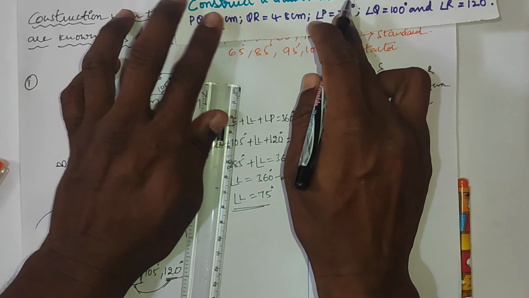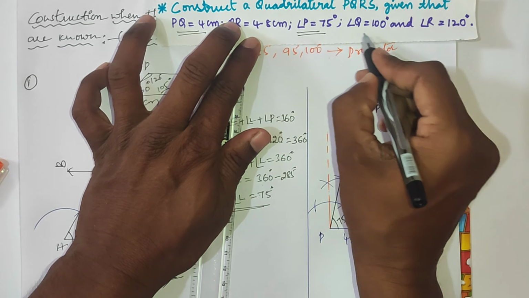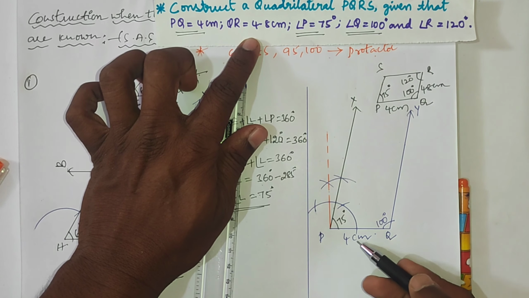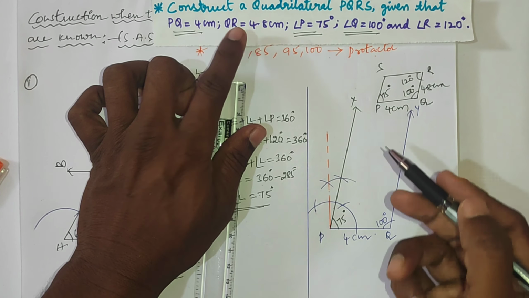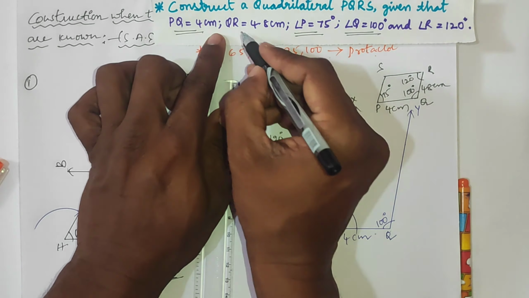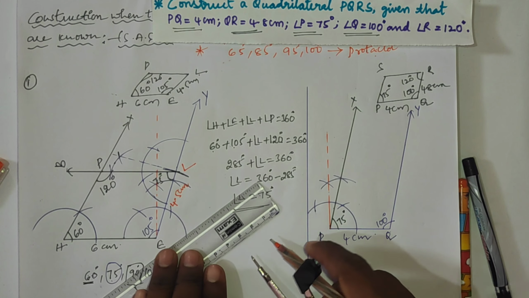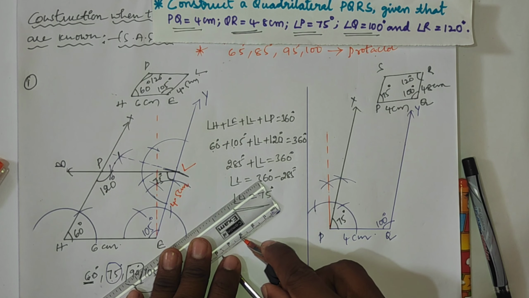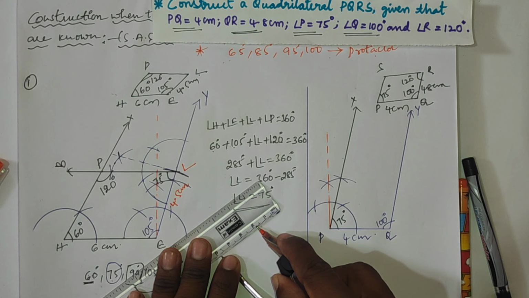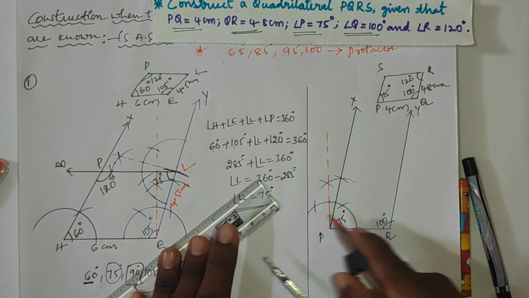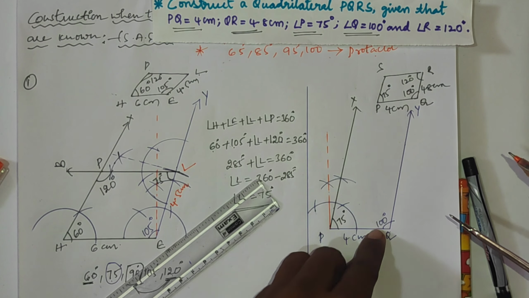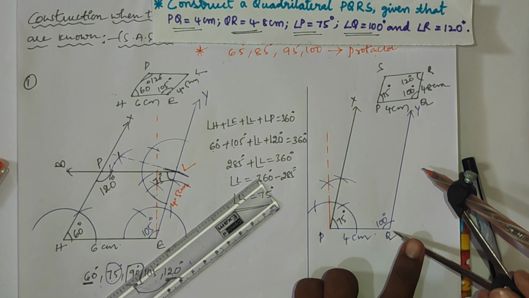So what did we complete here? Base completed, angle P completed, and angle Q completed. Right? Base, angle P, and angle Q. And QR is given as 4.8 centimeters. Taking a ruler and compass, measuring 4.8 centimeters radius, taking Q as center, I am cutting this ray QY.